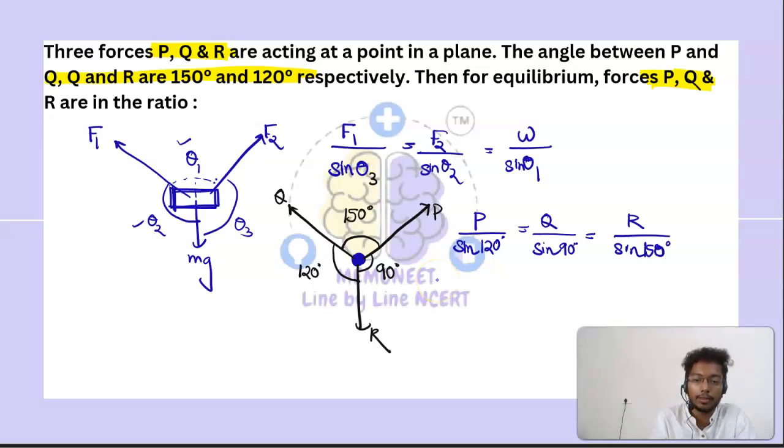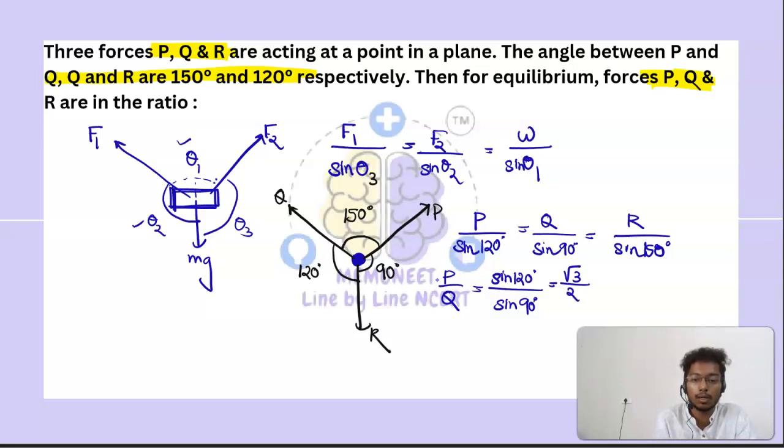Here we can write P upon Q is equal to sine 120 degree upon sine 90 degree. Sine 120 is sine of 180 minus 60 degree, which means sine 60 degree, that is root 3 upon 2, upon sine 90, that is 1.